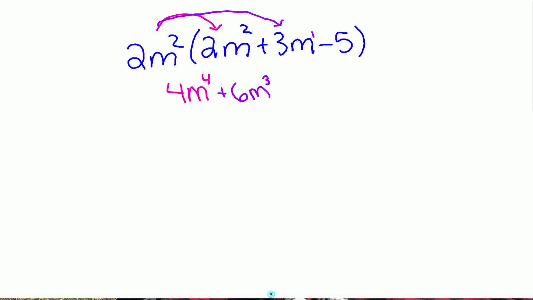And then my third thing I need to distribute, 2m squared times negative 5, so that gives me minus 10m squared. And I am done. Notice there are no like terms to combine, so this is my final answer, and I leave it.